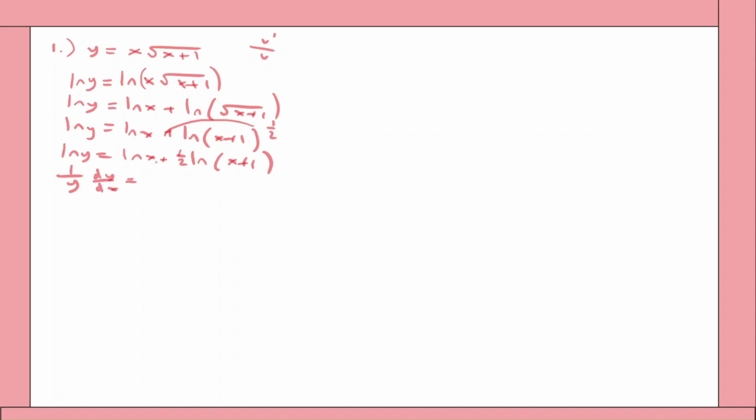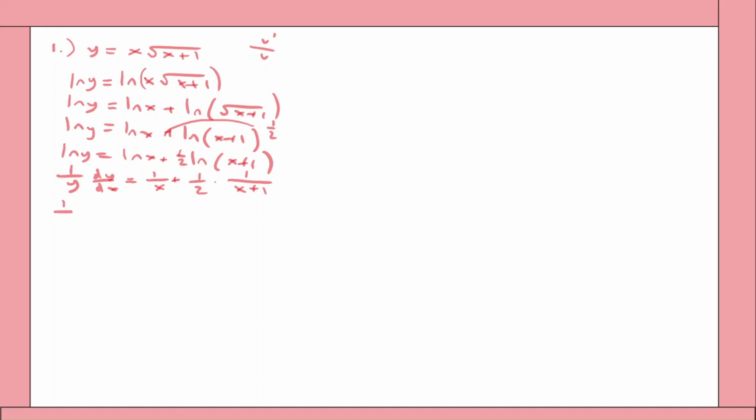And then we're going to do the same thing for ln of x, so this is going to be 1 over x. And then this is the only one that's different, so we have a half, which is just a constant, so we can multiply it by it. The ln of x plus 1 is very similar. x's derivative is 1, and this is 0, so it's still going to be 1. It's just the u, though, is x plus 1 instead of just x.